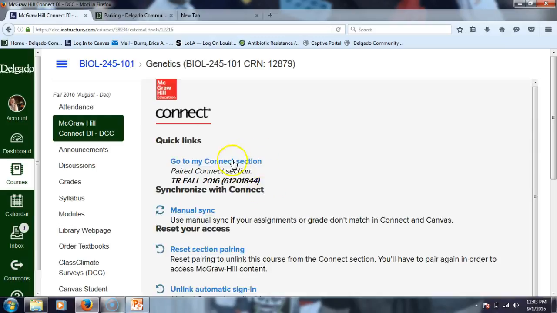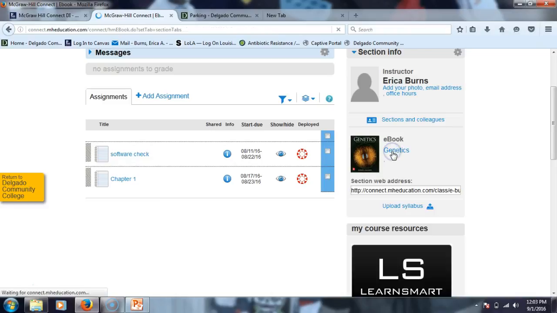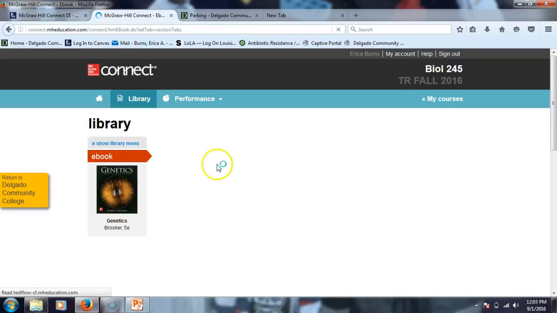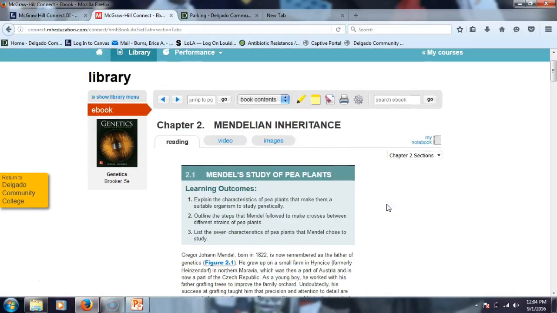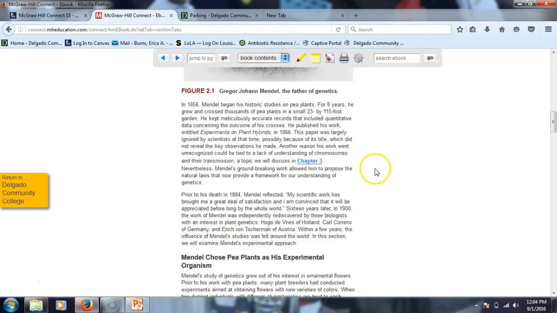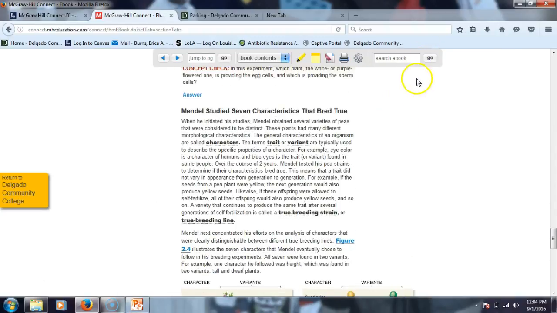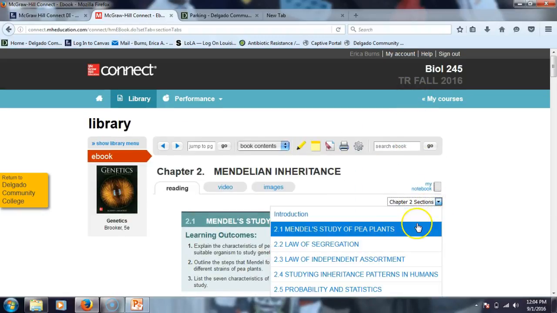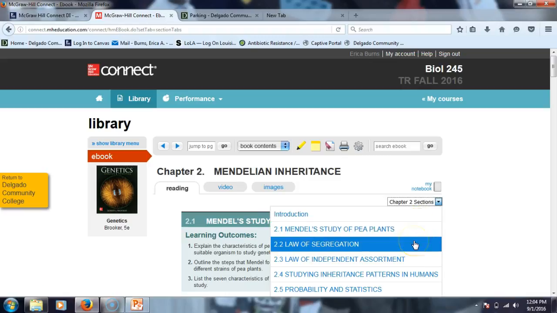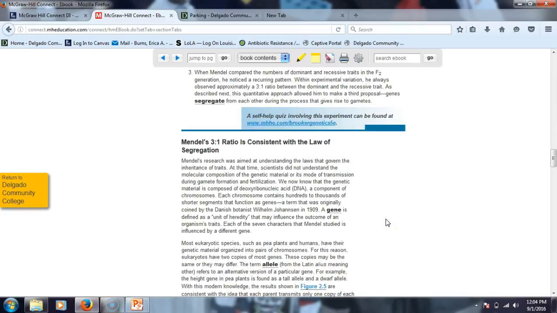Because this is nice, because in your book, for chapter 2, yep, I'm on chapter 2. Except I want to go to the next section, I guess. We actually get to the Punnett squares.